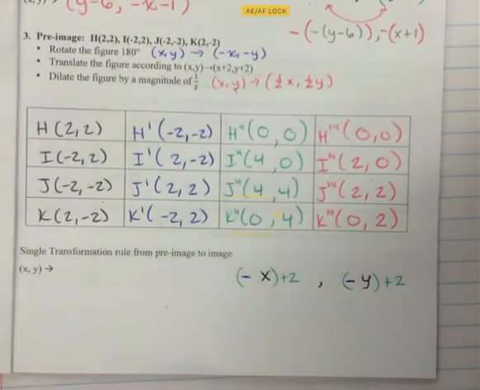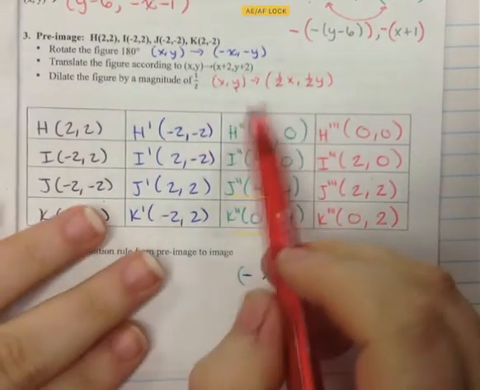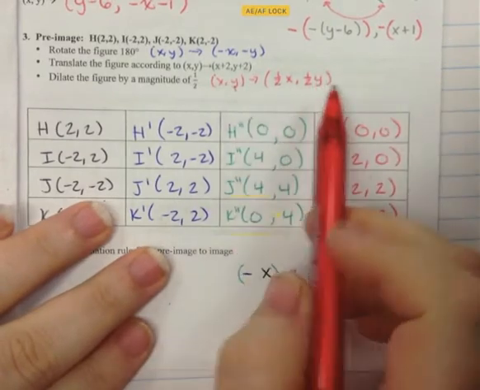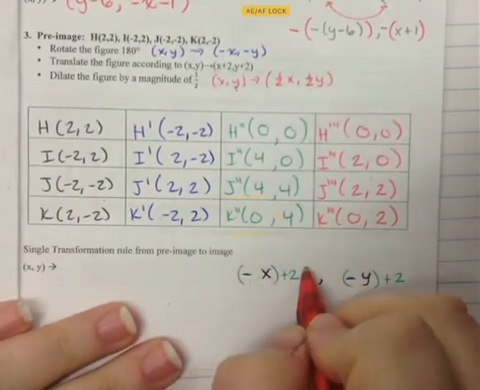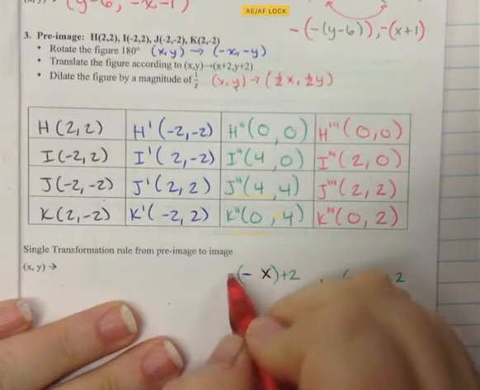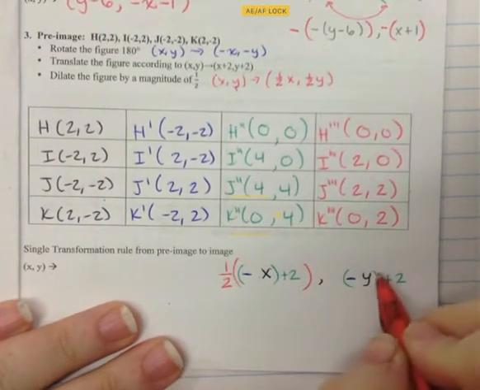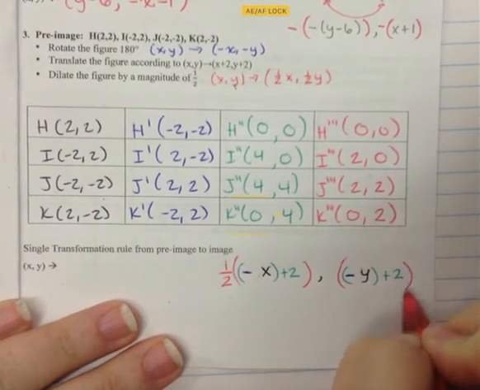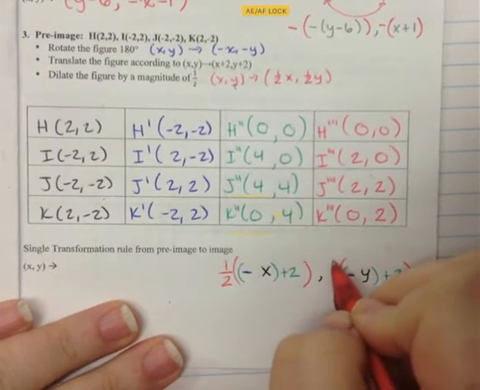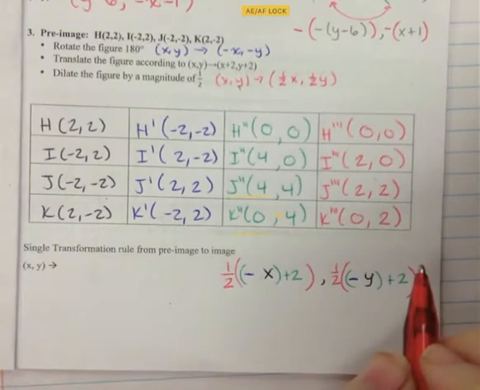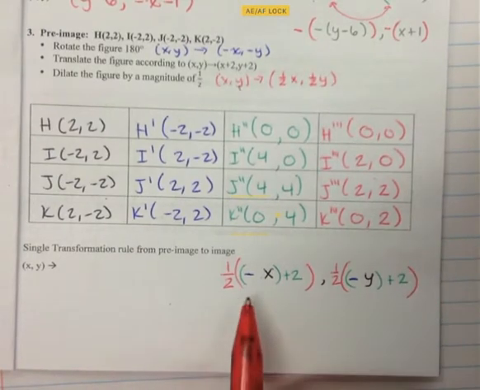For the last one on the red, I wanted to actually do half of all of it. So since I take the entire thing here, I have to put parentheses around the entire thing, and I just multiply it by 1/2. For the y's, I put parentheses around the entire thing in the y area, and I put 1/2. So now we actually have to multiply out.